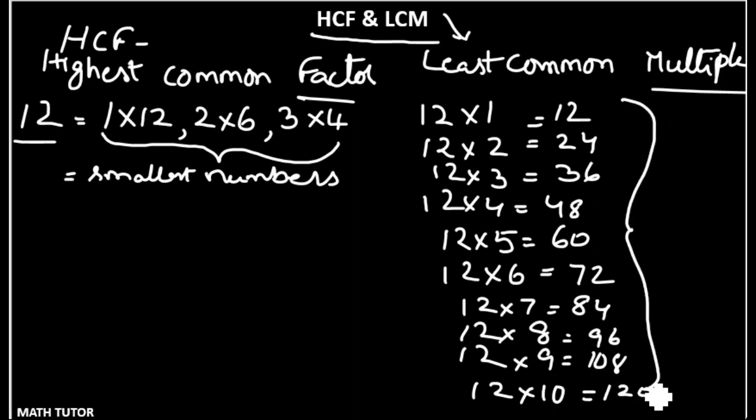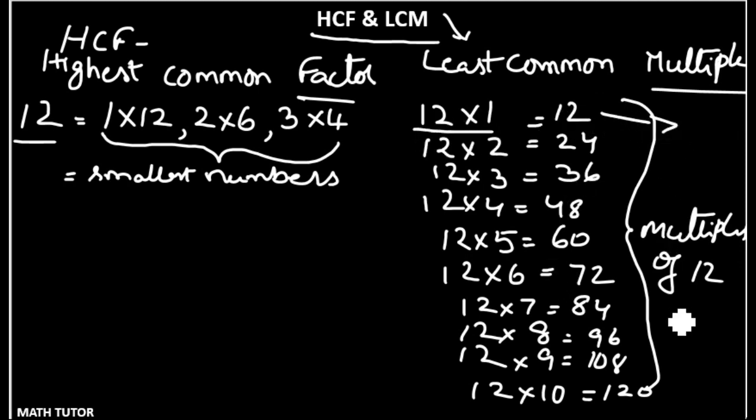All these are called multiples of 12. These are bigger than 12. And factors are numbers which are smaller than 12.